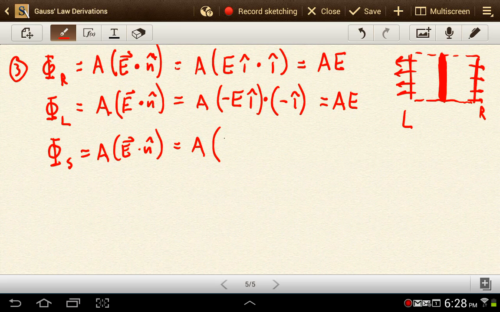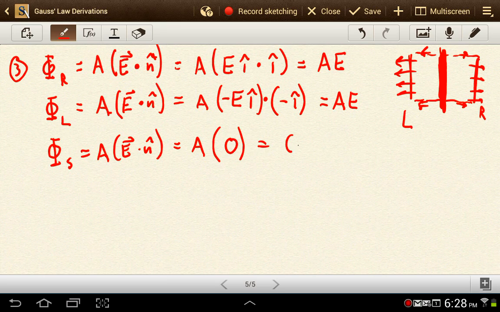So the field here is going to point outward or inward, towards the sheet of charge. And we know that therefore it's going to be parallel to these side walls, which means that the dot product of the n hat normal vector with the electric field at those points will be 0.